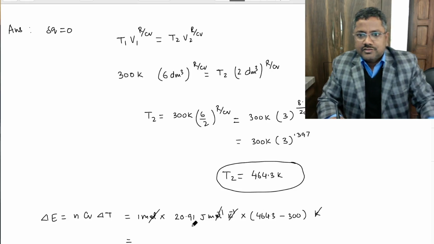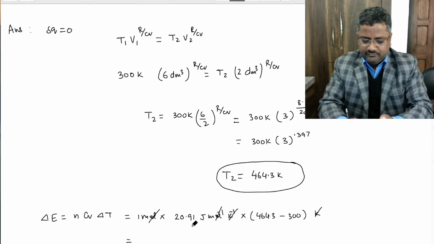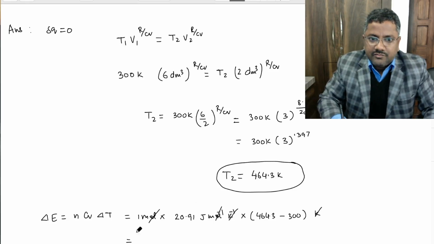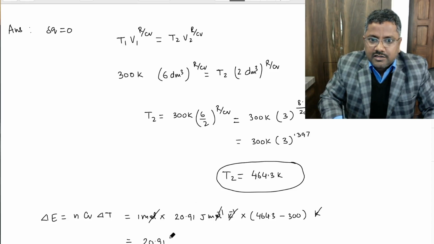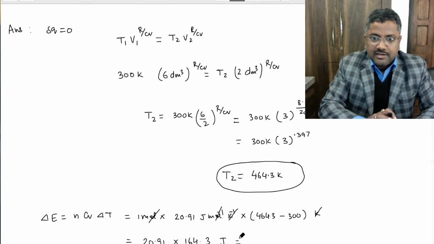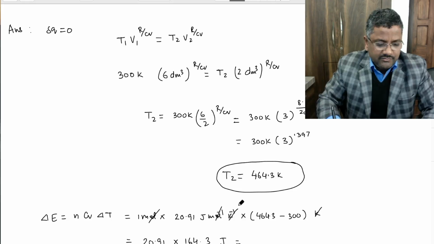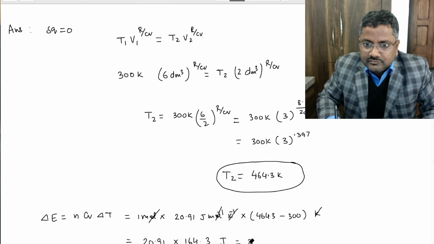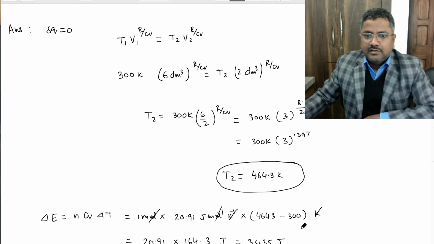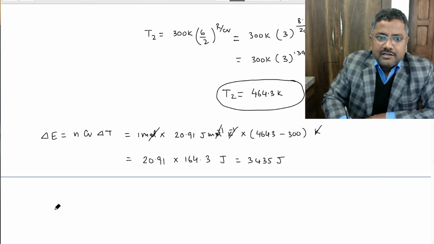So this is joules. Multiplying 20.91 into 164.3, this is equal to 3435 joules, right? So this is delta E.